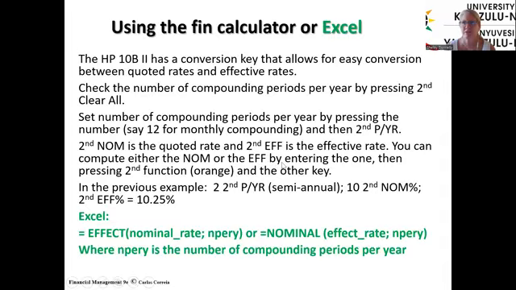So put in the one that you have and ask your calculator for the one that you don't have. So in that previous example, 2 would have been our PYR setting because it's semi-annual. 10 was our nominal rate. So we go 10, second function nom%. And when we hit second function EFF%, you'll see it'll give us the effective annual rate. Okay, so I'm going to stop sharing and show you that on the calculator.